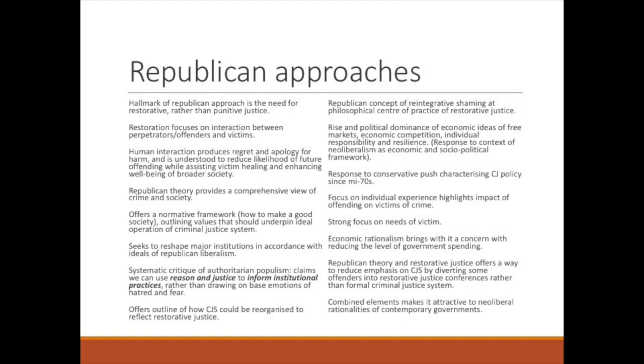So it's a critique of authoritarian populism in the sense that it argues you can use reason and justice to inform institutional practices rather than drawing on base emotions of fear and hatred.